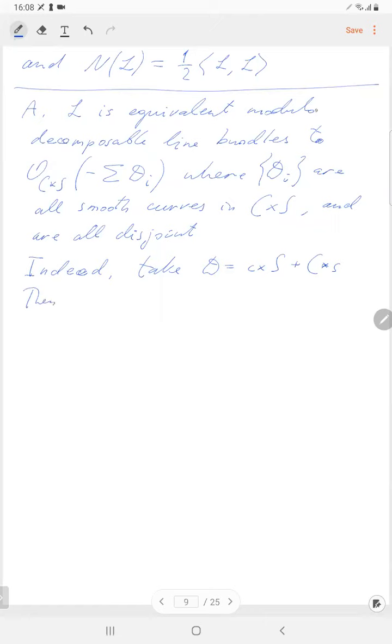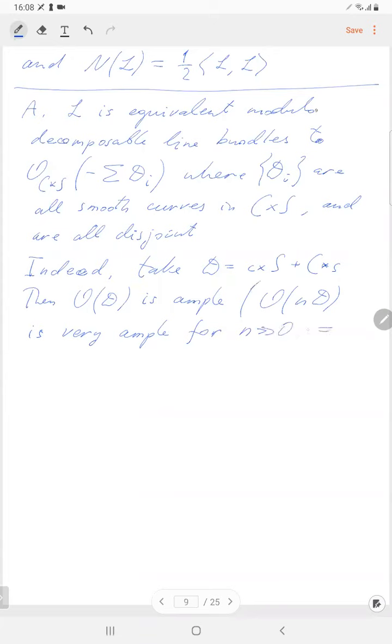Then O of D is ample. That means that O of nD is very ample for big enough n.